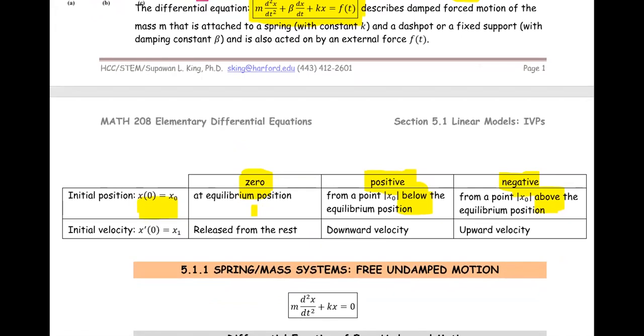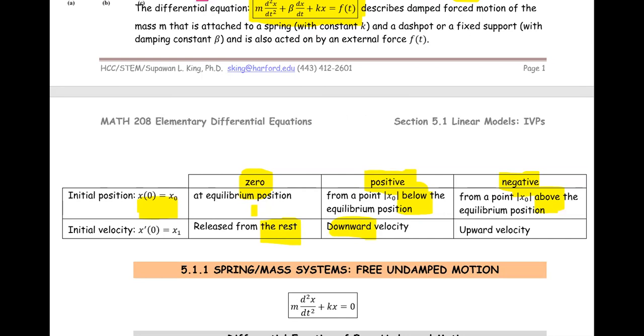And for the initial velocity, x prime, if it's released from rest, x prime is zero. If it has a downward velocity, it's going down, away from the equilibrium position, so it's a positive number. So x prime positive means downward velocity. That means the slope is positive, but the direction on the graph goes the opposite way.